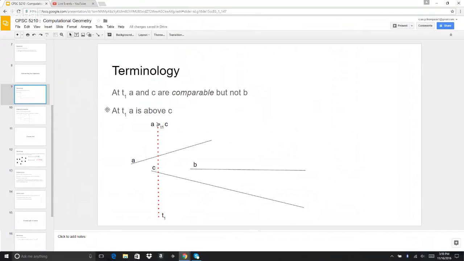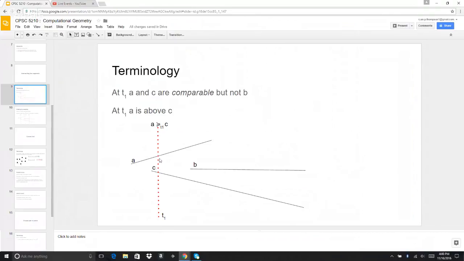The second terminology unique to this section is at T1, A is above C. On this line segment, A comes before C. When I say comes before, we look at the endpoint ordering. If A and C ended together, we would go to the first point to determine. But here, A is above at this segment.